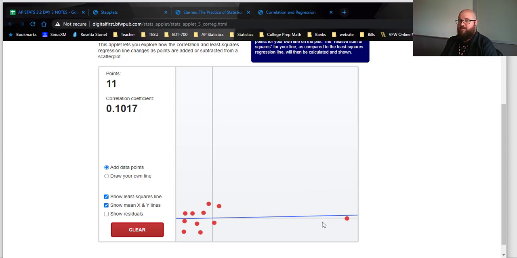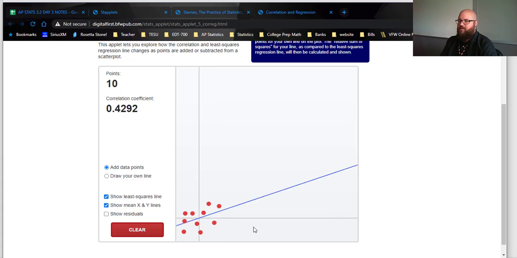Our slope decreases dramatically, our y-intercept increases, and our correlation value over here decreases as well. Once you've made a dot, to get rid of it you can just click on that dot again to make it go away and get us back to where we were.